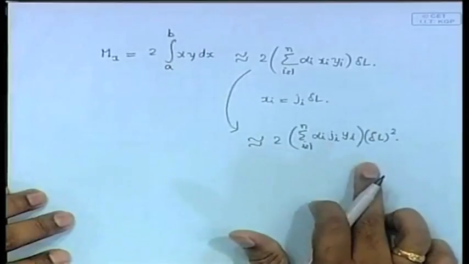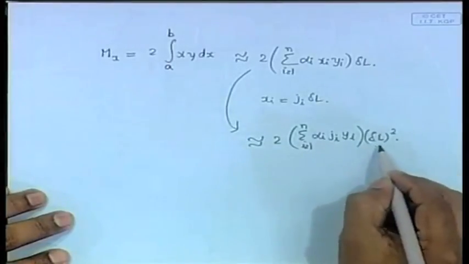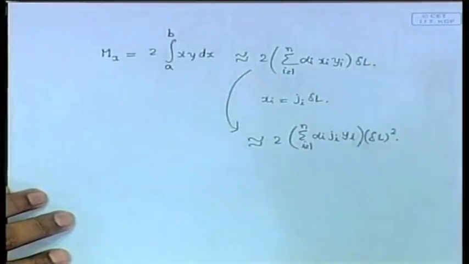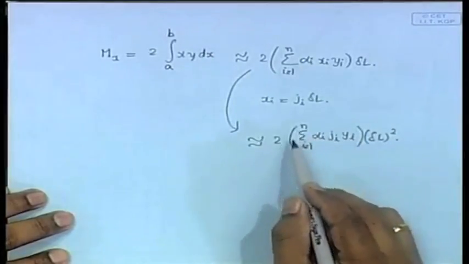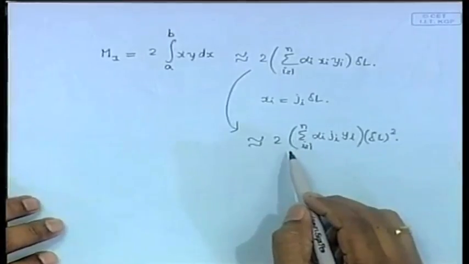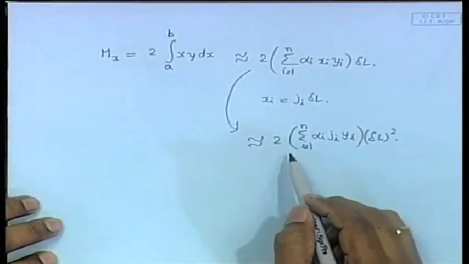It is written like this because this delta L square is a constant, so it can be taken outside. So, your idea is to find this summation, and we have already discussed how to find summations, how we are going to draw tables and how you find the total areas. So, that we will come to next, but that is the goal of writing it like this. This sigma is actually representing that table, summation in that column. So, there is a moment of area.